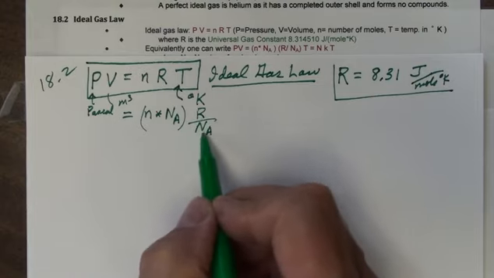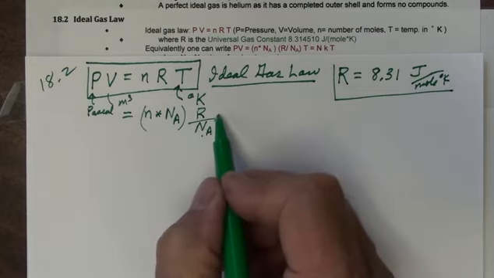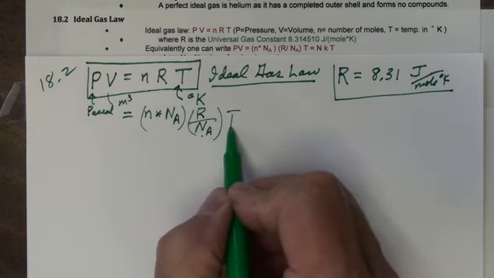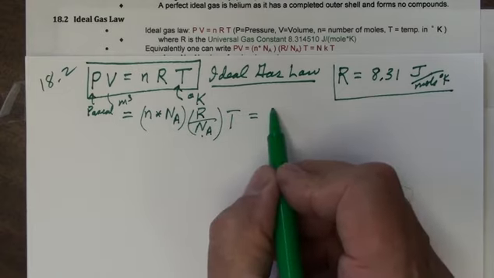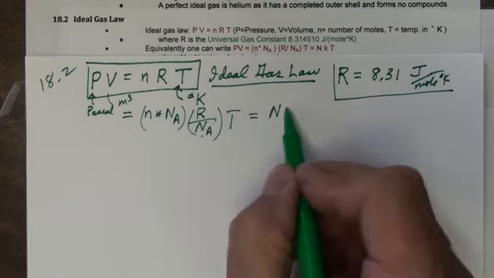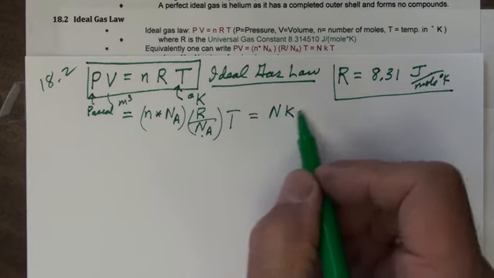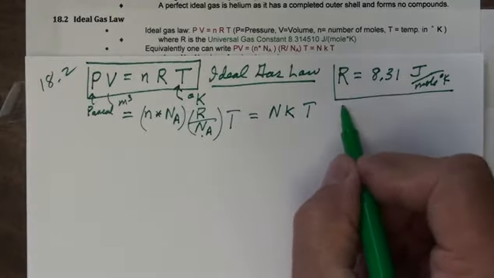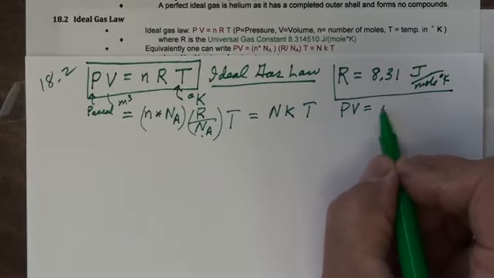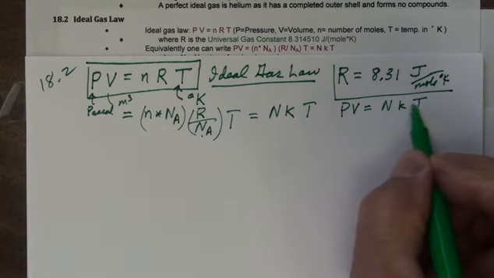So that's the gas constant per molecule times T. And this is now the number of molecules times a constant K, called the Boltzmann constant, times T. So we often rewrite this law as PV is equal to N times K times T.